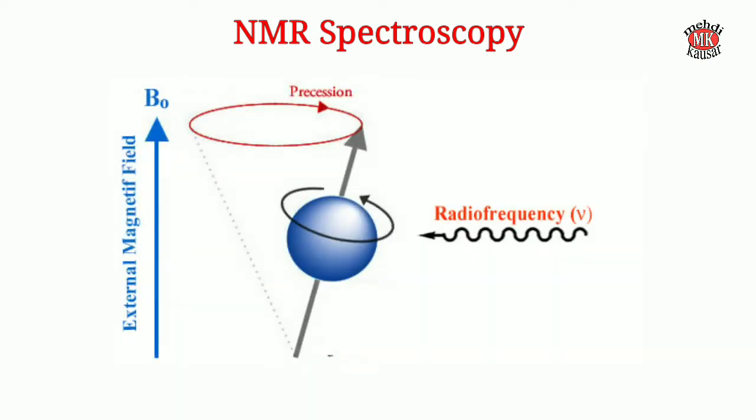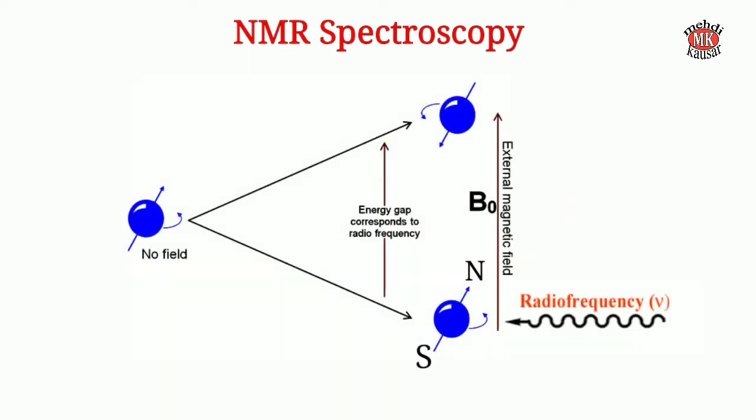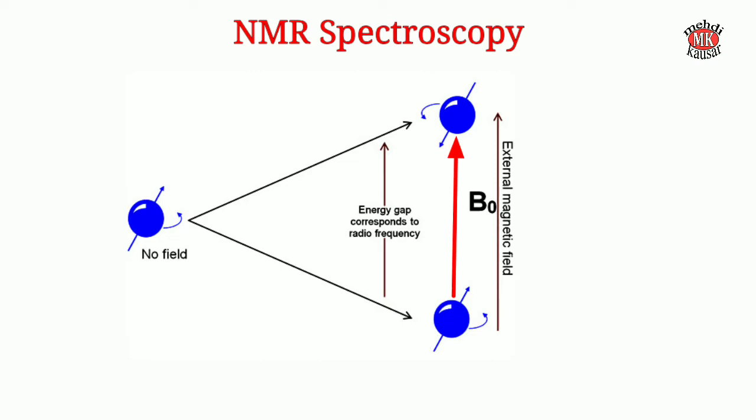Now, if the nucleus is exposed to radio frequency radiation, then by absorbing energy from it, the nucleus undergoes excitation to the higher energy level and aligns itself in the direction opposite to that of the external magnetic field.